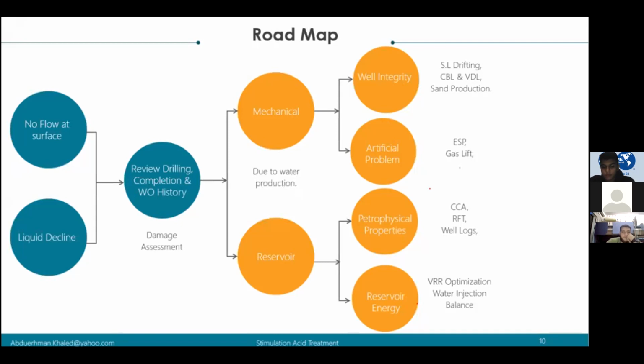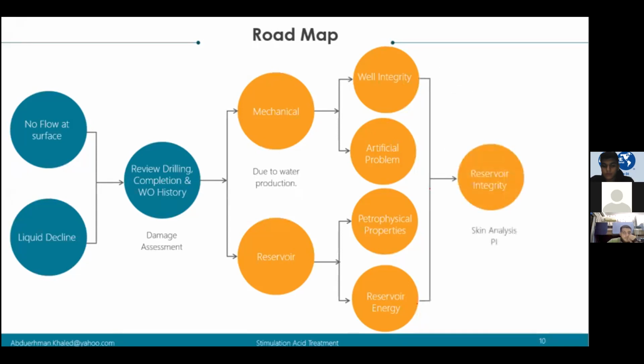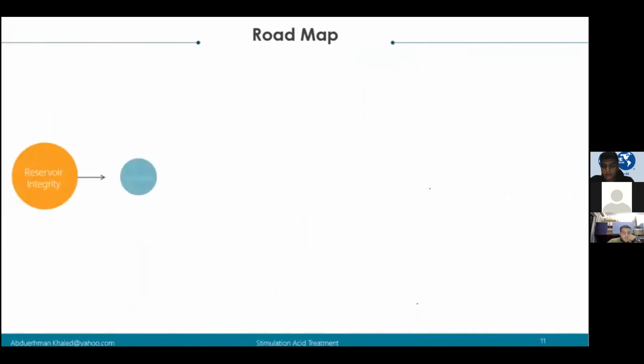So if you make sure that all these things are going pretty well, now and only now we should think about reservoir integrity, and this leads us to investigating the reservoir issue, which is the skin analysis and the productivity index.